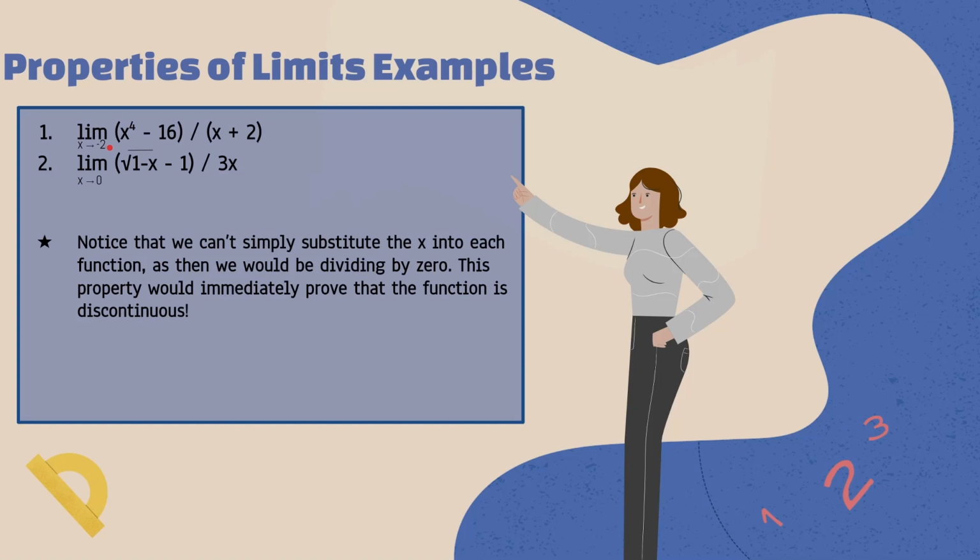But immediately we're faced with a big problem, because if we substitute -2, we get -2 plus 2, which is 0, and we know we can't divide by 0. So you could easily say that doesn't make any sense, we can't divide by 0, so this has no answer. However, as you will see, we can actually get around this problem, which is the beauty of limits. So let me show you how.